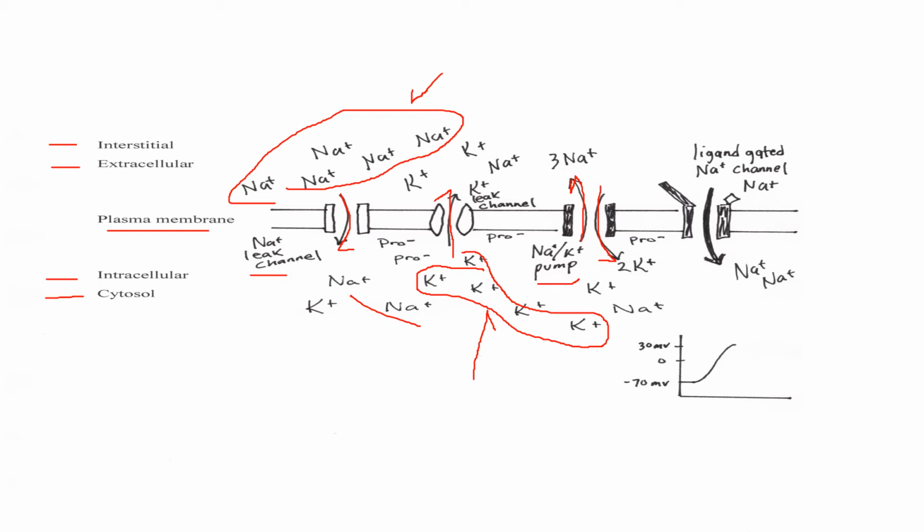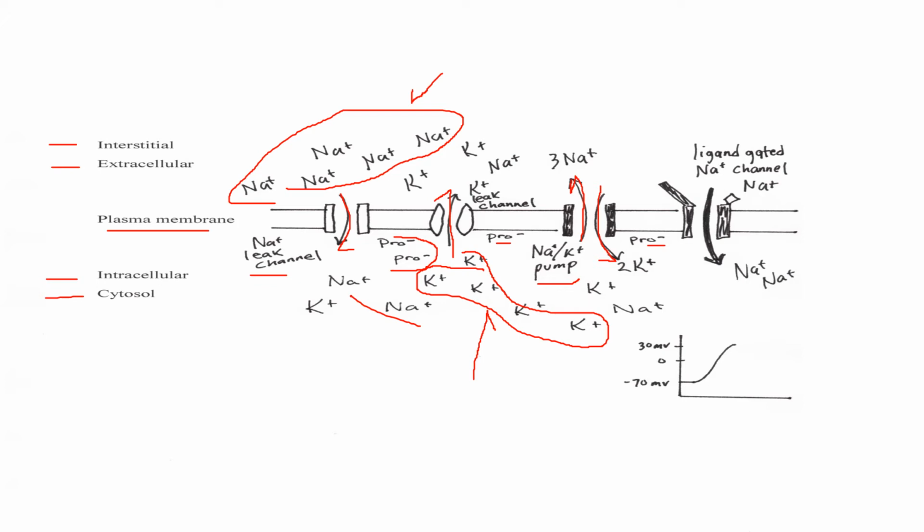I've also put in here some negatively charged proteins. Here, here, here. A lot of the proteins in the cell are along the inside of the cell membrane, but some are also in other places of the cell, but they are negatively charged and they do not leave the cell.